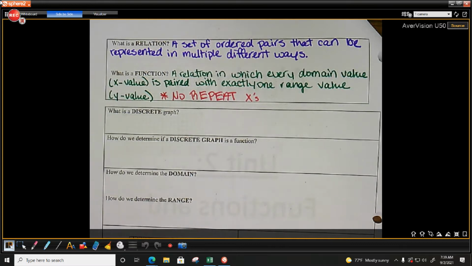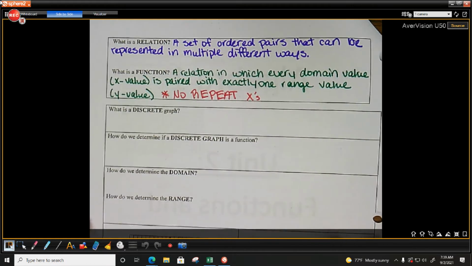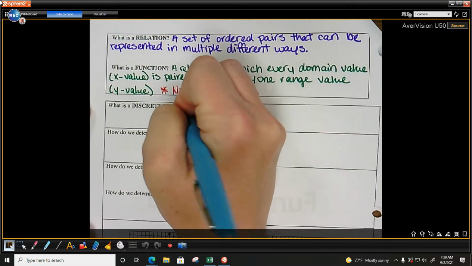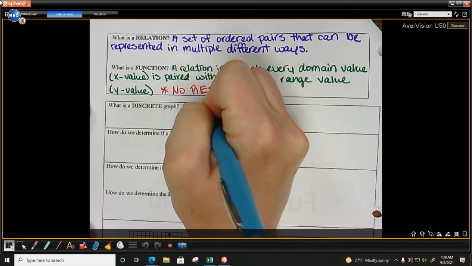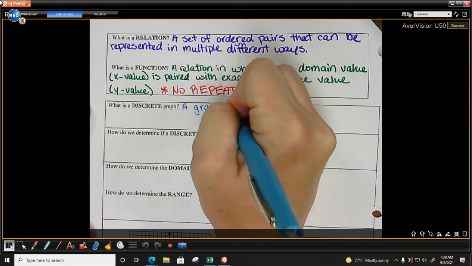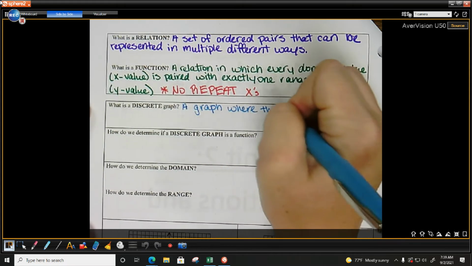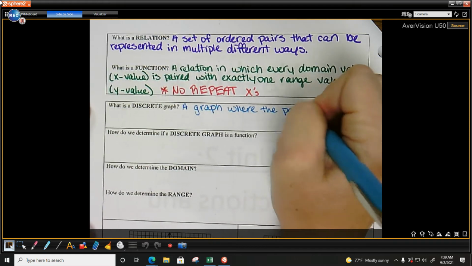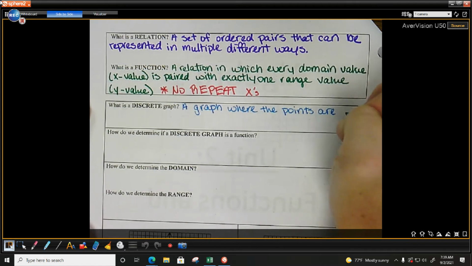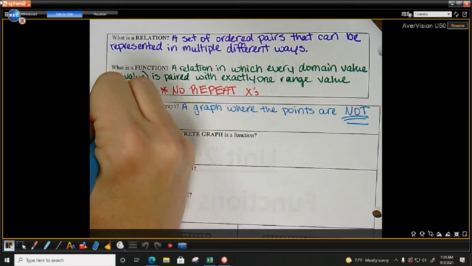Today we're going to look at two different types of graphs. The first type of graph is a discrete graph. A discrete graph is a graph where the points are not connected.